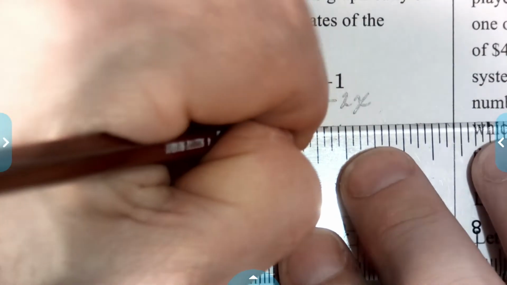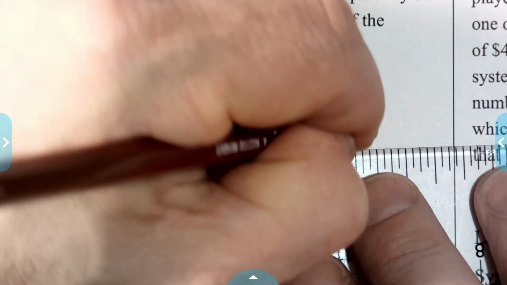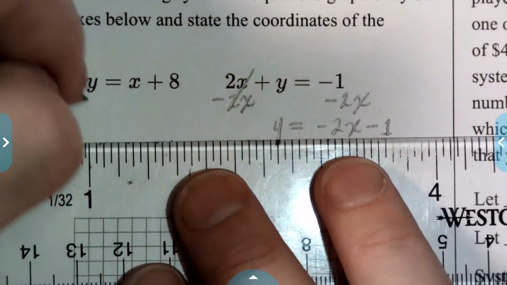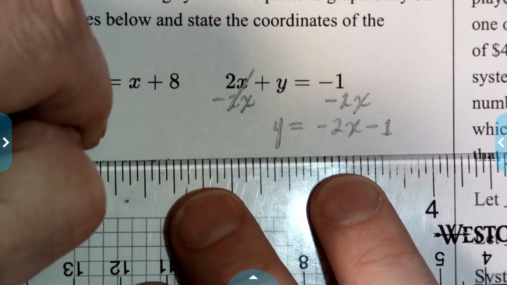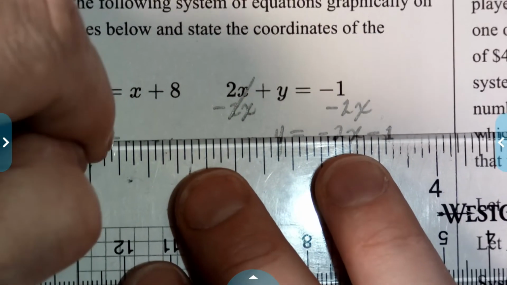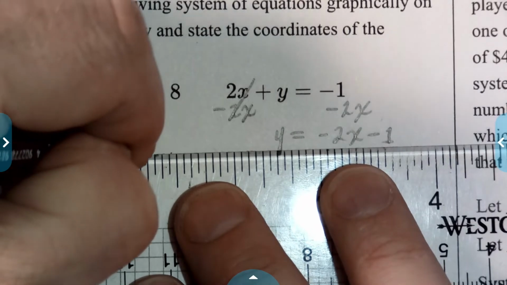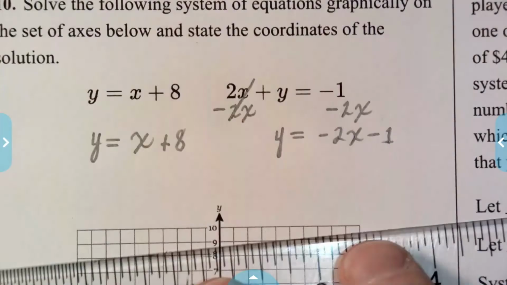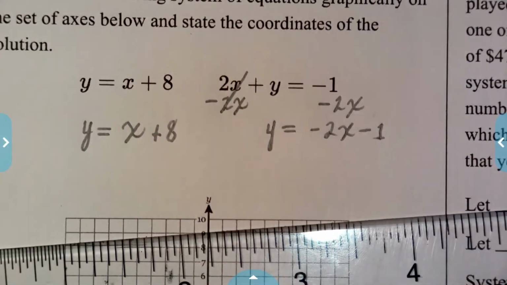So y is equal to -2x minus 1. And just to make this look the same, y is equal to x plus 8. All right, those are my two equations.